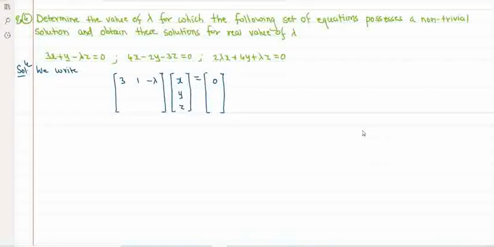Right? Second row 4, minus 2, minus 3, and third row 0, 2 lambda, 4 and lambda equal to 0. And this system I will denote as AX equal to 0, suppose. This is number 1.